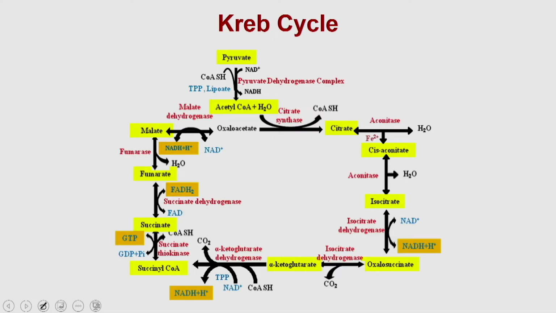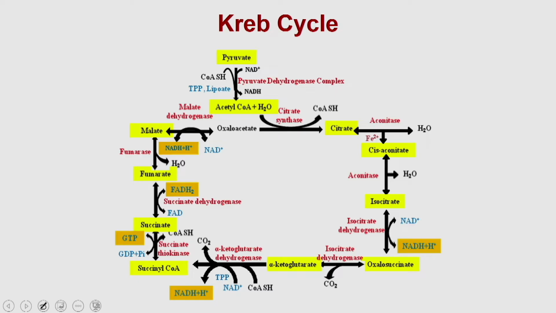Once the pyruvate is generated, it enters into another cycle which is called the Krebs cycle. So, pyruvate is going to be converted into acetyl CoA, and in this step you are going to generate 1 molecule of NADH. Remember that you are going to generate 2 molecules of pyruvate because you have generated 2 molecules of glyceraldehyde 3 phosphate.